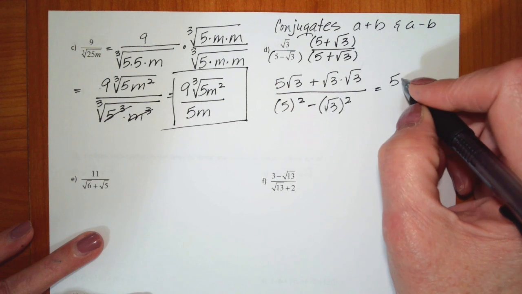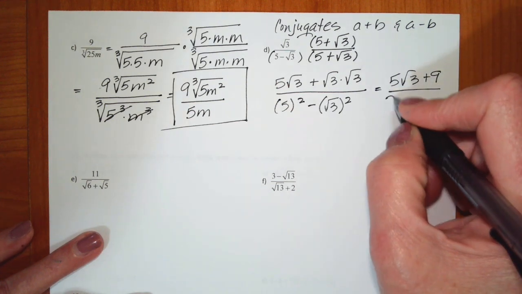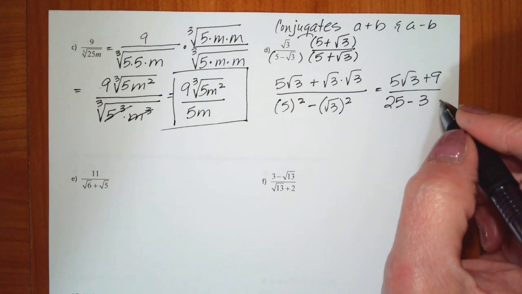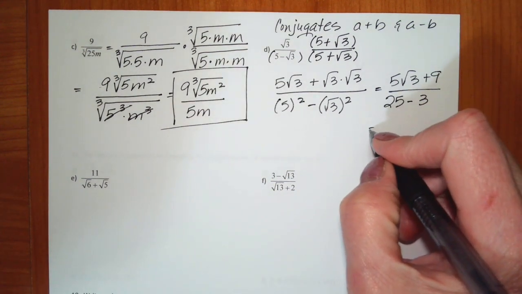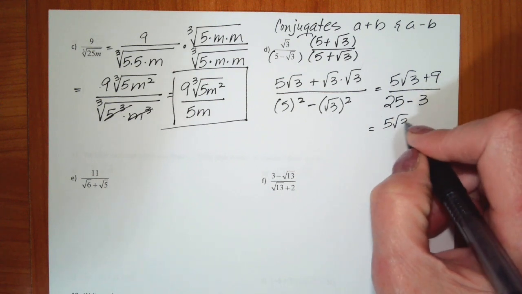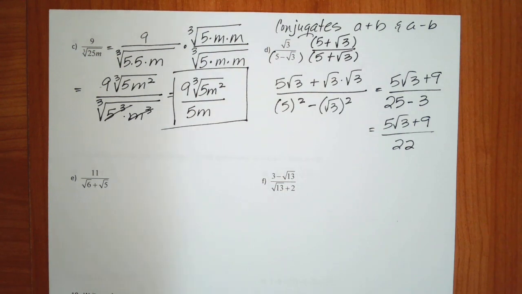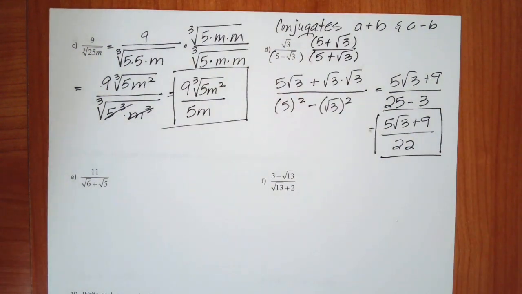So this becomes 5 root 3 plus 9 divided by 25 minus 3, which is 5 root 3 plus 9 divided by 22. Nothing can be simplified.